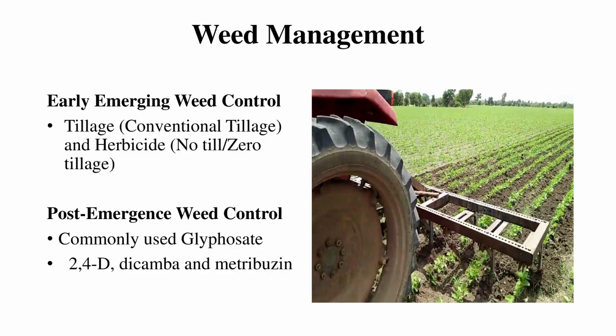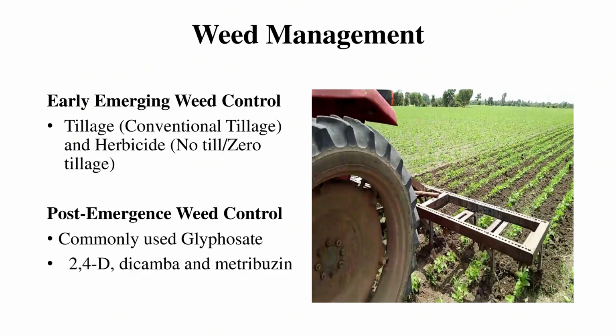Glyphosate is Roundup, a non-selective herbicide, while 2,4-D is for broadleaves such as dandelion, clover, pigweed, ragweed, and so on. Dicamba is effective on a wide range of weeds and kills those resistant to glyphosate, while metribuzin is selective, used before and after weed emergence.